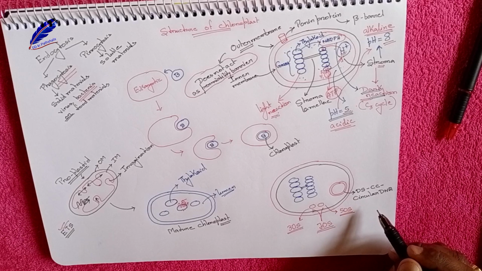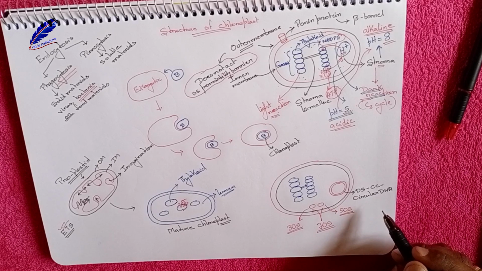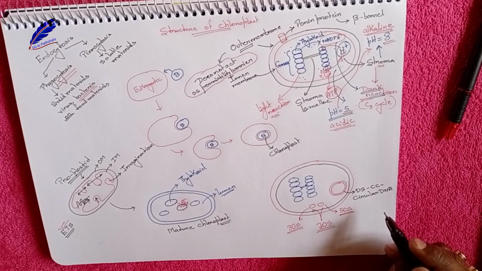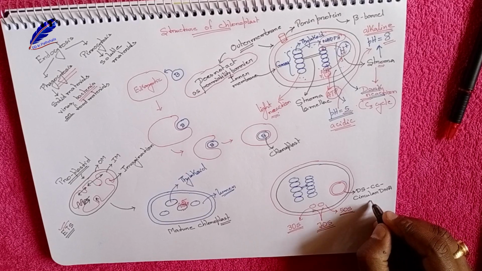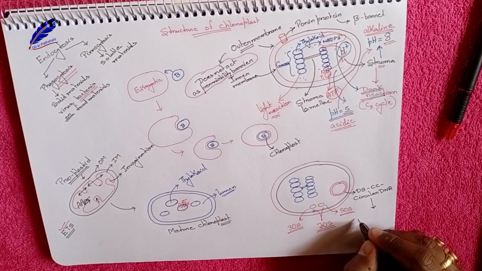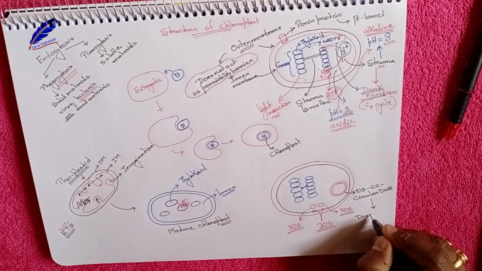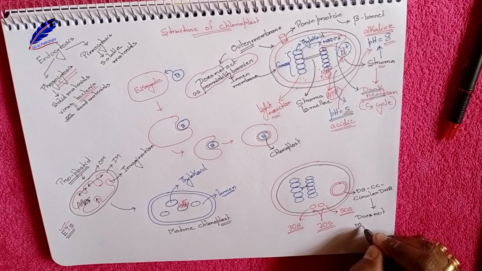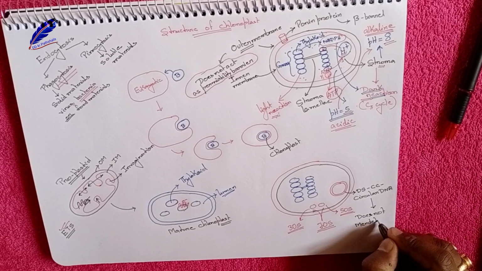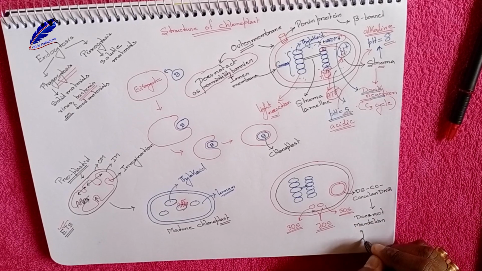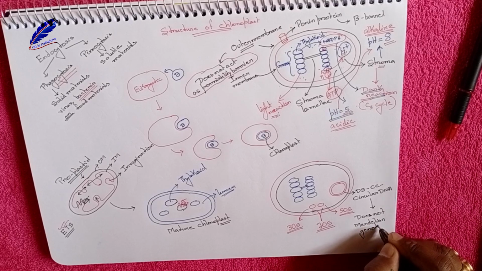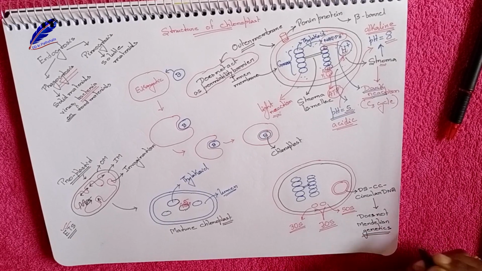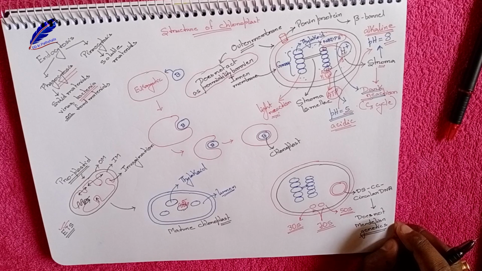As chloroplast DNA or cpDNA is circular in nature, it does not follow Mendelian genetics. It does not follow the rules and principles of Mendelian genetics.